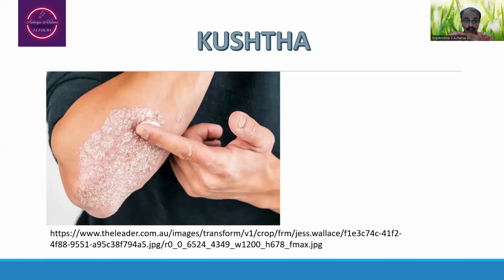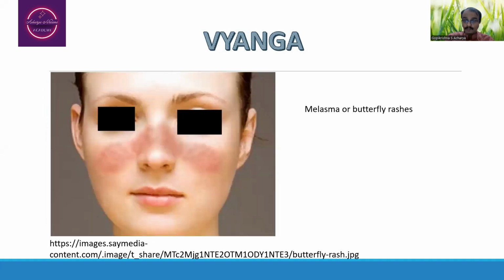Kushtha. So there may be a possibility of the Tvak, Rakta, Mamsa and Lasika affliction on this particular occasion. Vyanga, there may be a possibility of the discoloration which is observed on the cheeks as such. There may be a possibility of Rakta involvement on this particular occasion.